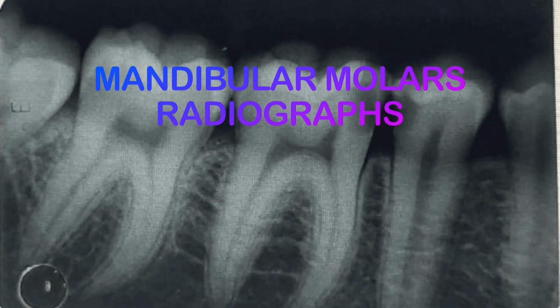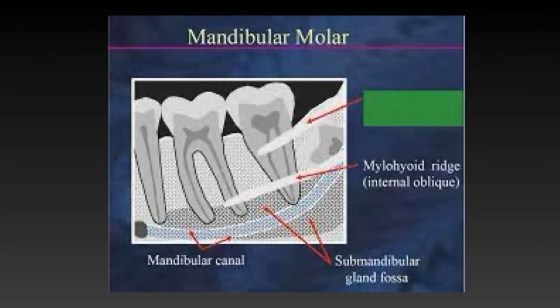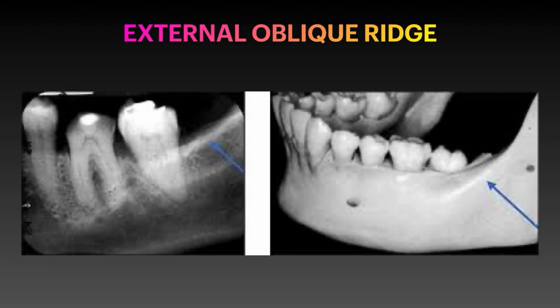As our last topic, let us learn about the radiographic anatomical landmarks of the mandibular molar. External oblique ridge. It is a linear prominence of bone that is located on the external surface of the body of the mandible. It ends in the region of the third molar.